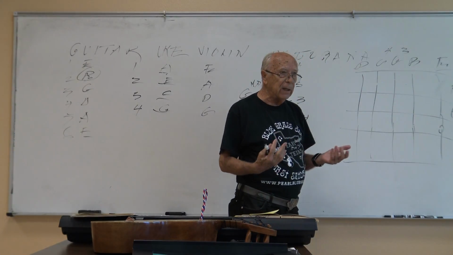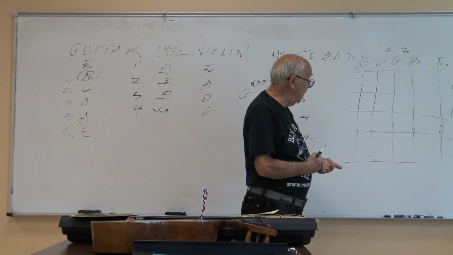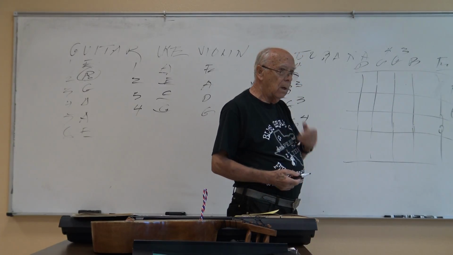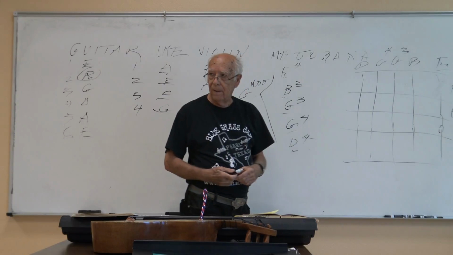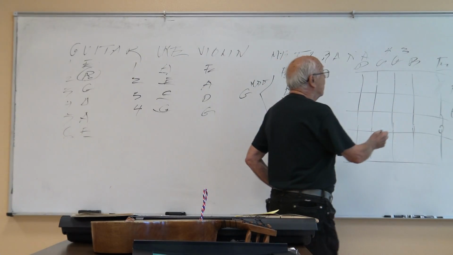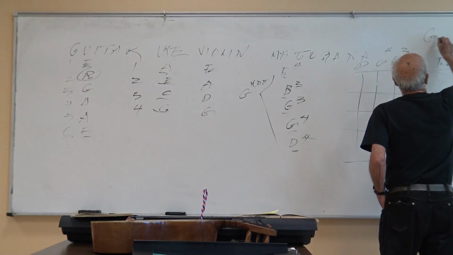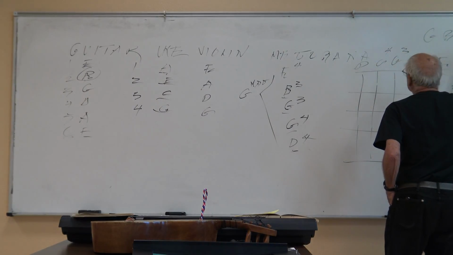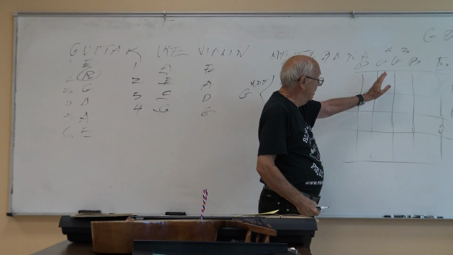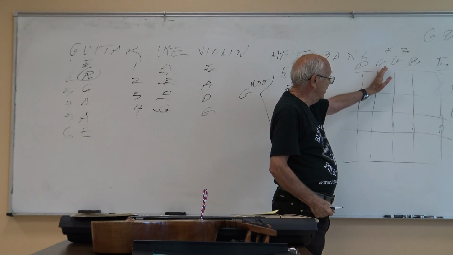So this is how you make a chord. So let's make a G chord. Anybody? What is a G chord? It's going to be G, B, D. So now we've got a D. What is this one?